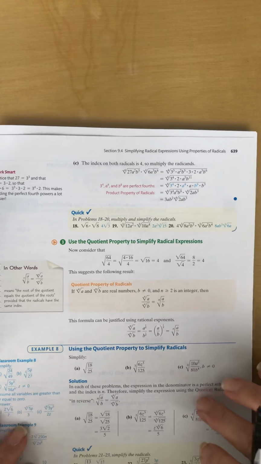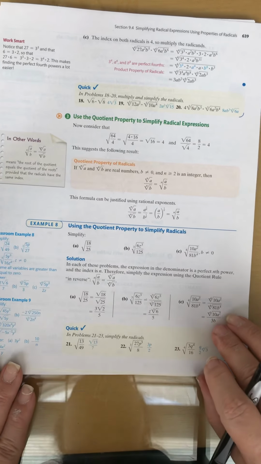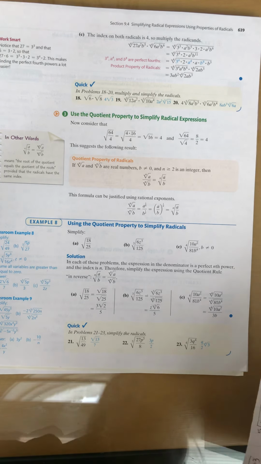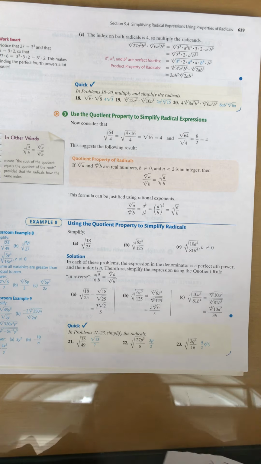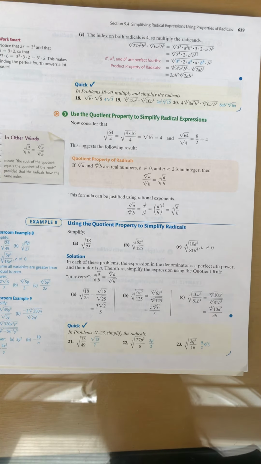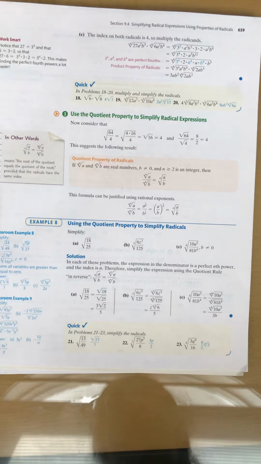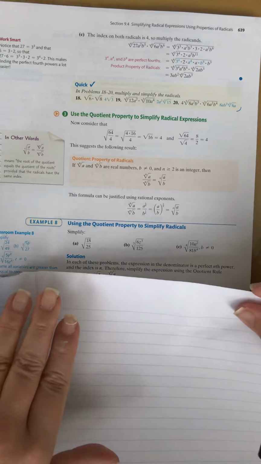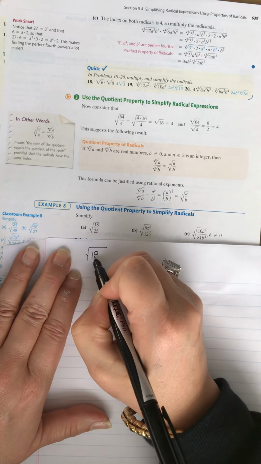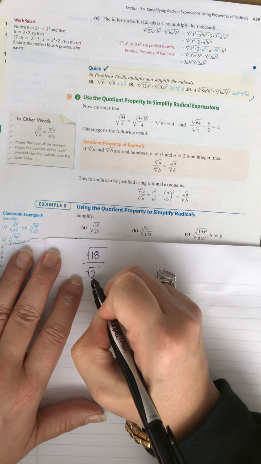Okay, next. Example 8 is the quotient property. When you're doing division, simply, and the index is the same, you're going to just simplify the numerator and simplify the denominator. Do them separately. Okay, so square root of 18 over square root of 25.